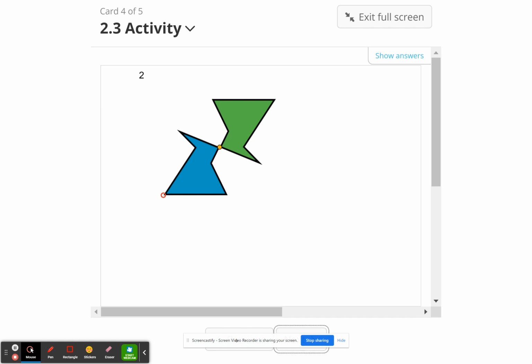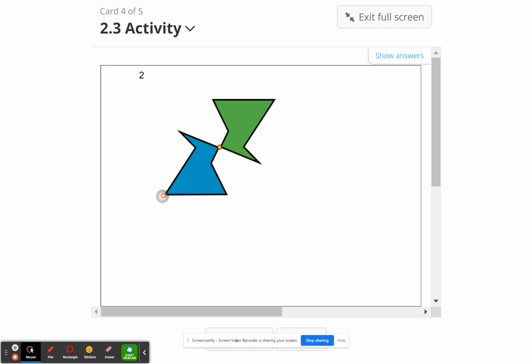Now we have a rotation. And again, you can do this yourself in Learn Zillion. Play with it and look at it. We can go clockwise or we can go counterclockwise.